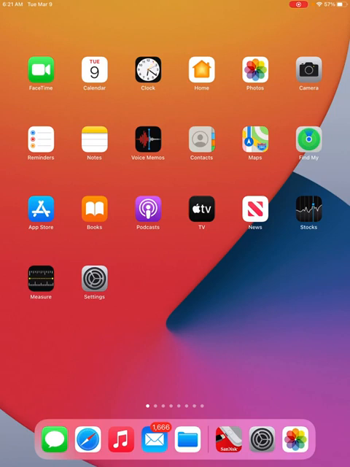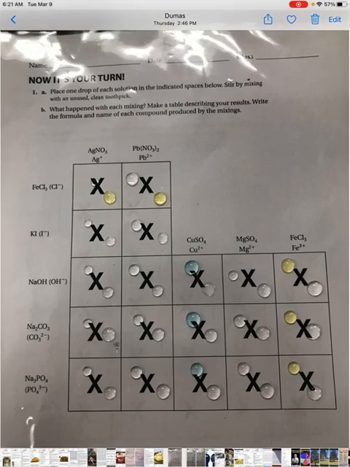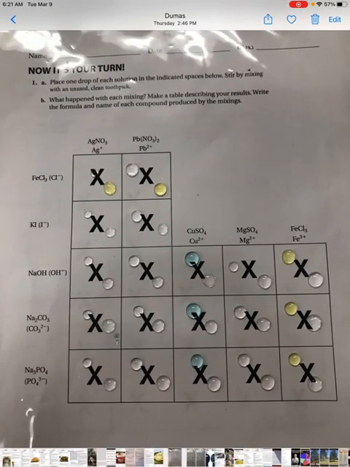When we look at what we did, we mixed different chemicals. For example, silver nitrate with iron chloride in the top left, and we put a drop of silver nitrate all the way down the row.